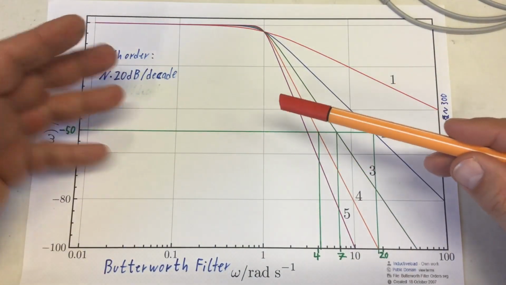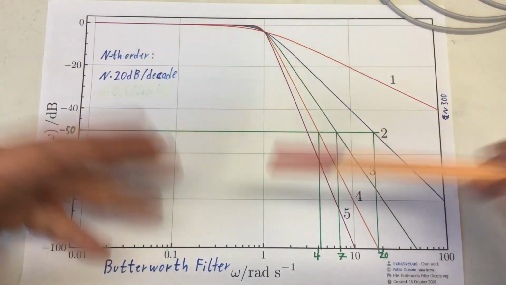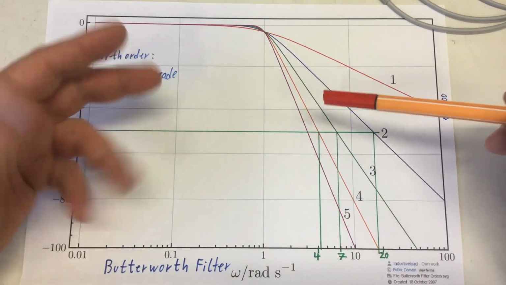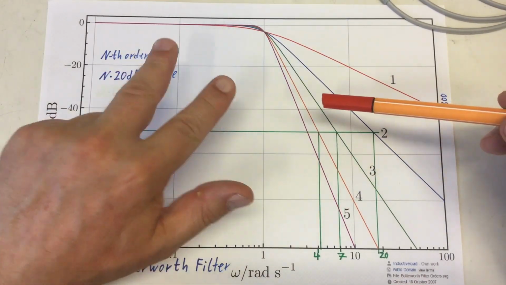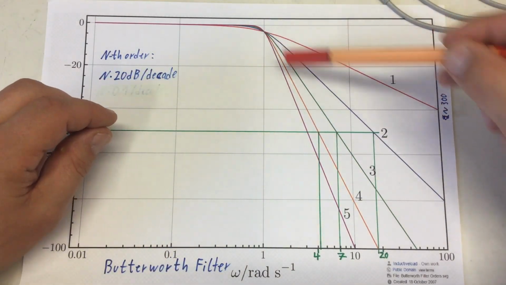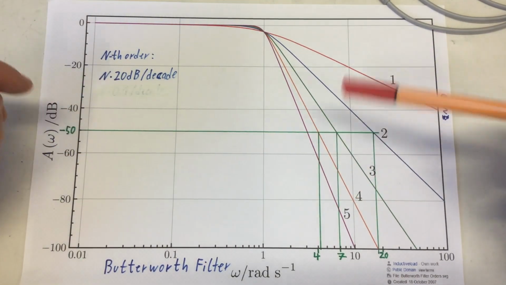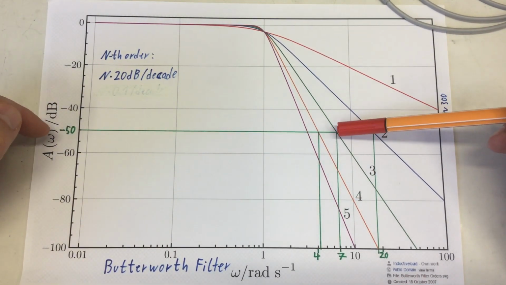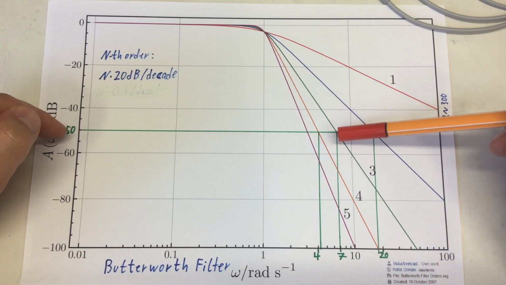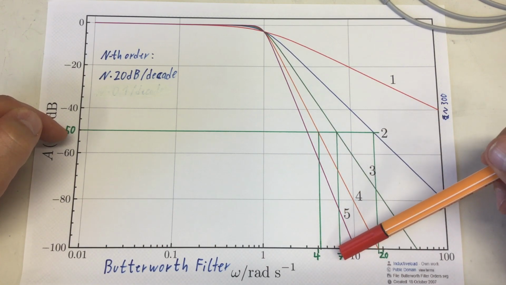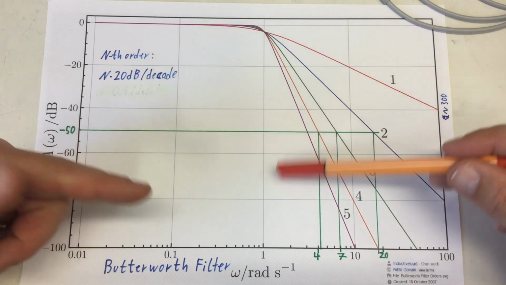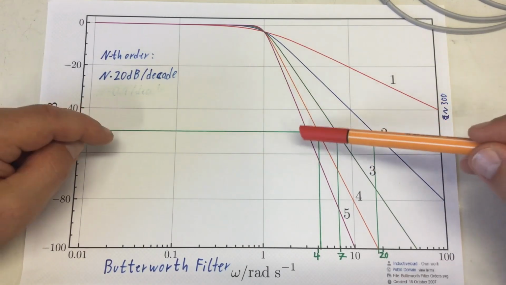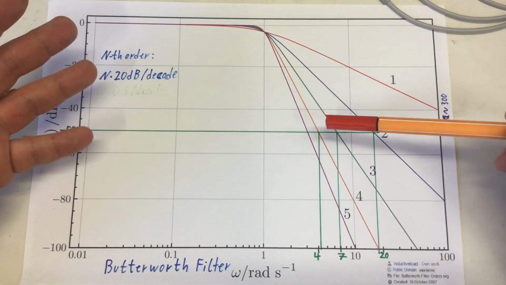25 Hz analog bandwidth without any attenuation is still not good enough for me, and they say the third time is the charm, or maybe the third order filter is the charm. So have a look at that. It intersects our -50 dB curve at 7 relative frequency. 980 divided by 7 is 140.